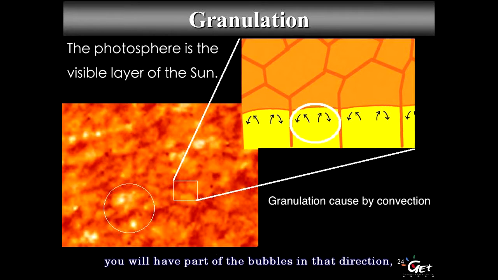You will have part of the bubbles going in one direction and part going in another direction, and the same thing around it. Here you will have matter rising, and here you have matter sinking, and this way it's cooling down. Because it's more efficient when you work in small cells, that's why the surface of the sun is granulated this way. That's why it's not smooth. It's because we have all those cells of convection at the surface.